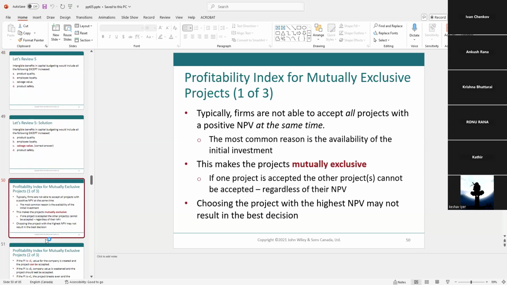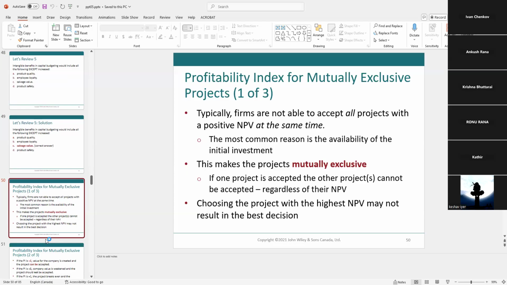Net present value: a firm is not able to accept all the projects with a positive net present value at the same time. So if you have two decisions, one investing $500,000 and the other one investing $500,000, both give you positive present value, but you don't have $500,000 for both. You have only $500,000 to invest in one project.